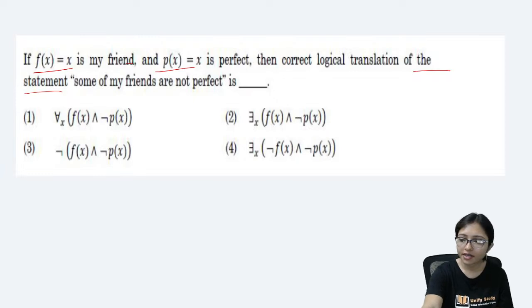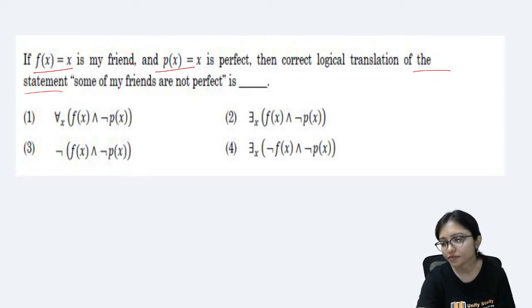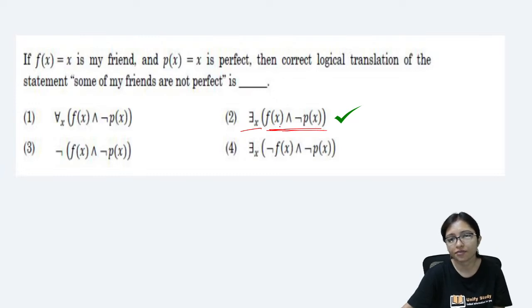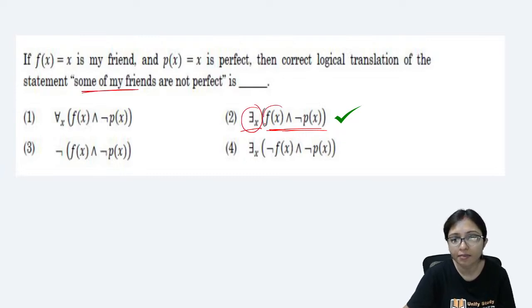Answers are coming. Yes, the answer will be there exists x, F(x) and not P(x). Because some of my friends means there exists x, F(x) means they are my friend and they are not perfect. Option 2 is the correct answer.